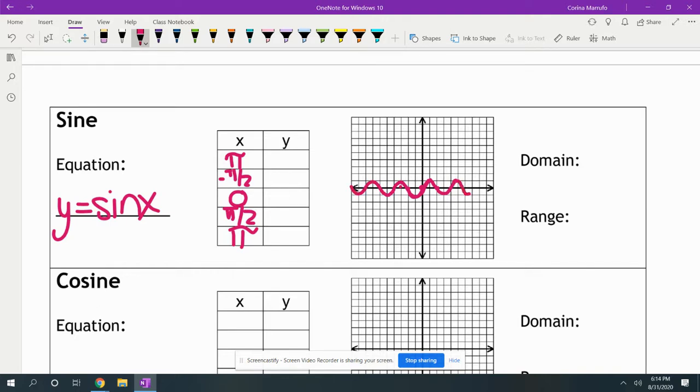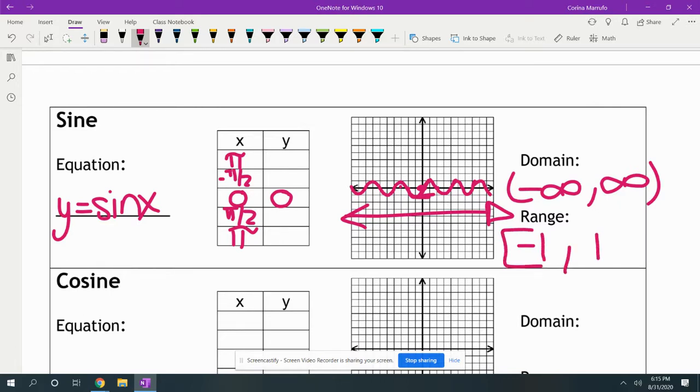The most important part that you need to remember is that it goes through the origin, the middle. So here at 0 would be 0. And then your domain is going to be, if you notice, it covers all your x values in both directions. So it'll be negative infinity to infinity. But your range, the lowest that it'll go is -1, and the highest it'll go is +1. So it does stay within these boundaries.